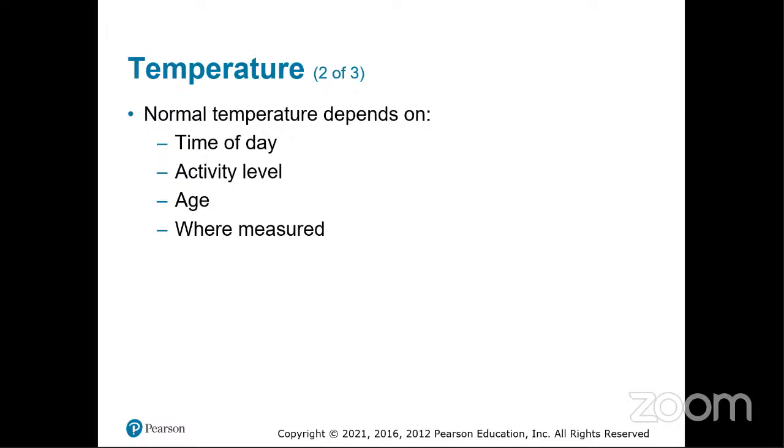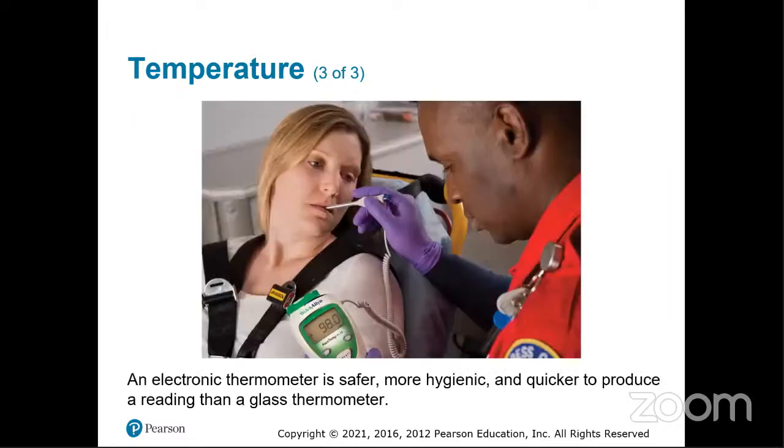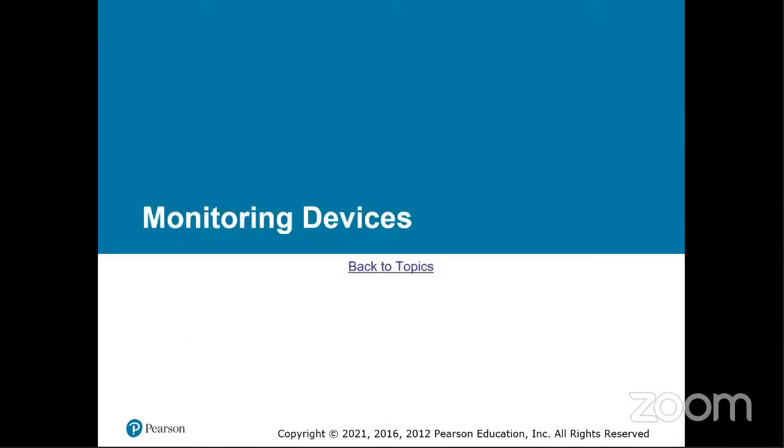Do you guys know what a normal oral temperature should be? 98.6. I have yet to see a 98.6 though, I've seen them everywhere else, but yes, normal is 98.6. The electronic thermometer is safer, more hygienic, and it produces a quick reading.